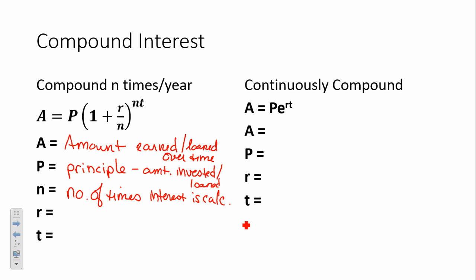What do you think r stands for? The rate as a decimal. 5% interest rate, 0.05. 7.5% interest, 0.075. Okay? t is time.